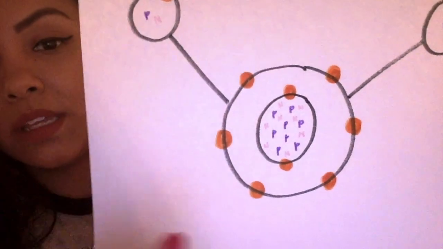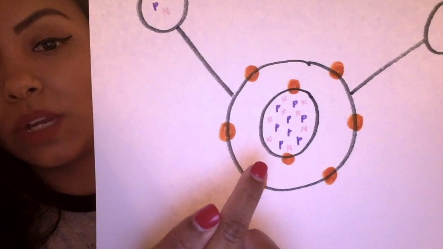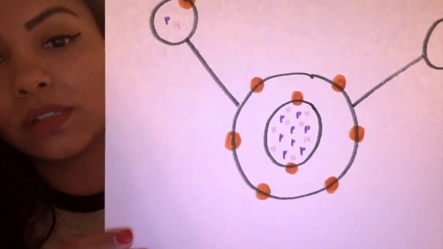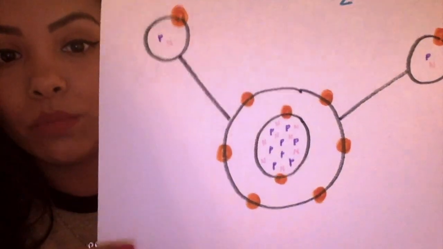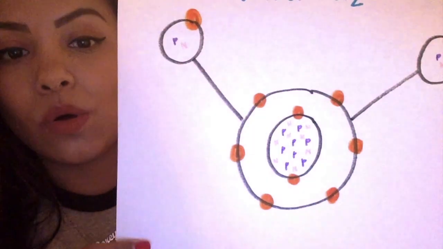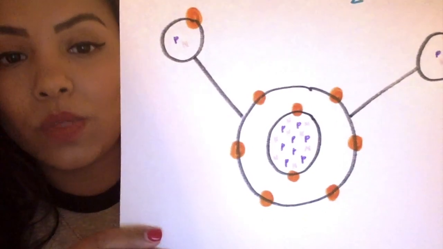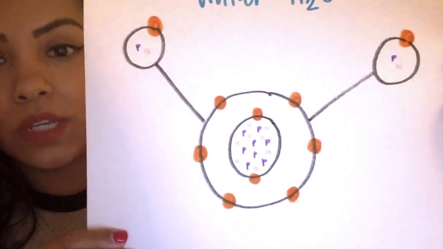If you can see, the first electron ring is full. It has 2 electrons. And then the second one is not full because remember it can hold 8, but this element only has 8 electrons. So it only needs 2 electron shell rings.